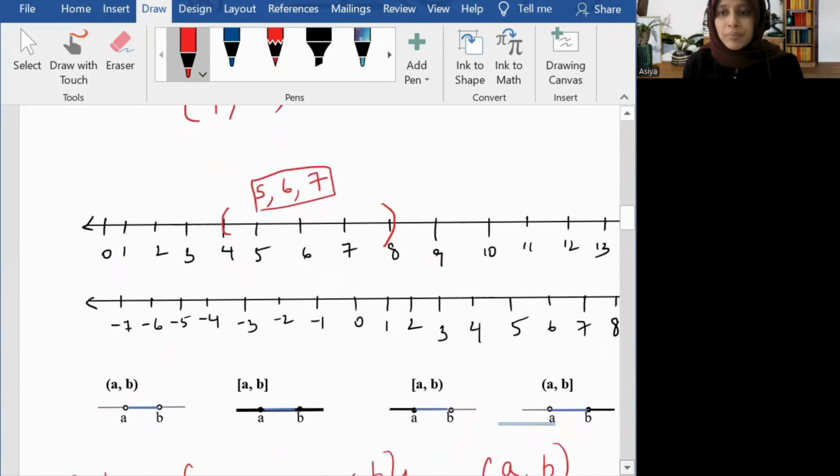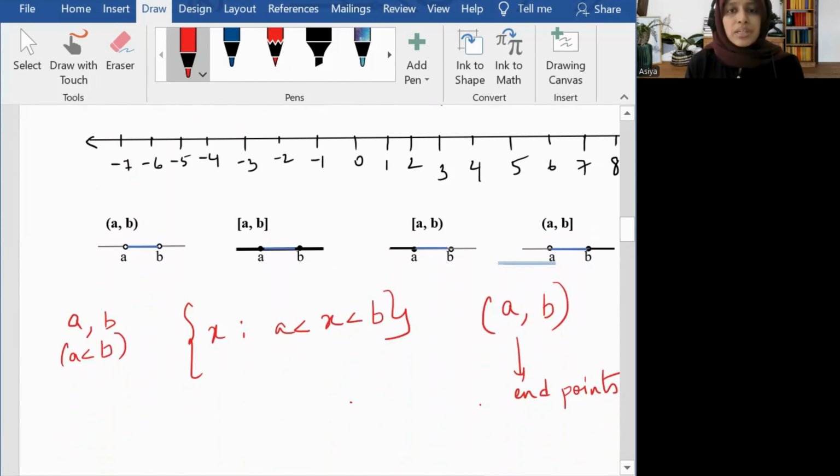Now, there is something also called a closed interval. Now, what do you mean by closed interval? Let us come to that. Now, first, let us write it in the form of set builder form. Now, when I write it as the set of all X such that X is greater than or equal to A and less than or equal to B, that means my A is also included and my B is also included.